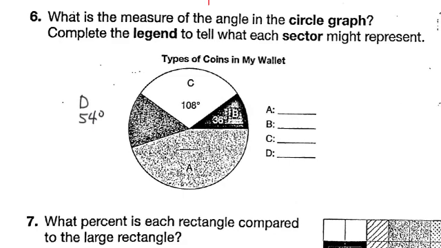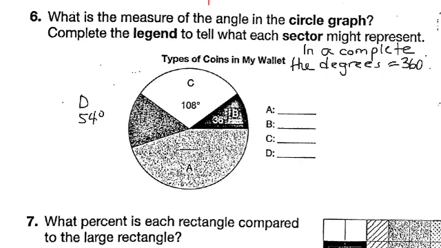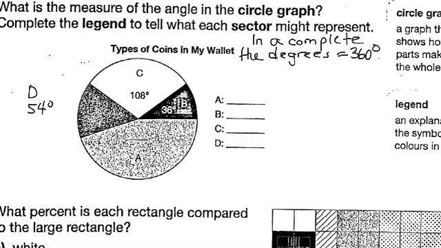The easiest way to figure this out is that we know that in a complete circle, and you might want to write this down as a hint, the degrees equal 360 degrees. So that means that all of these sectors, when we add them up together, they have to equal up to 360 degrees.